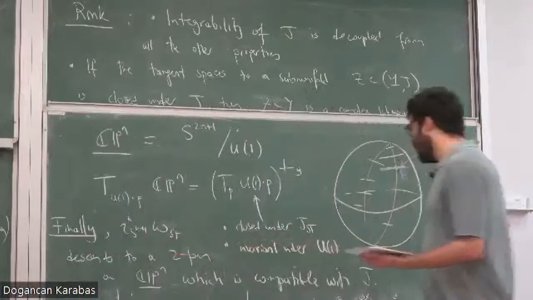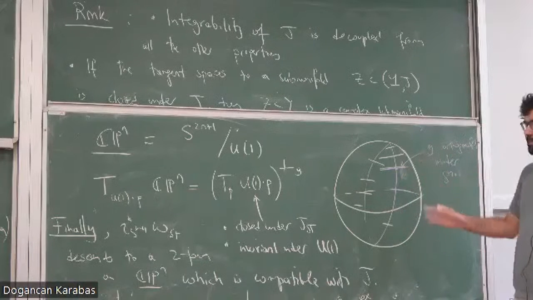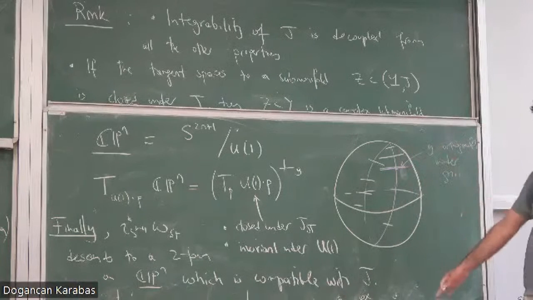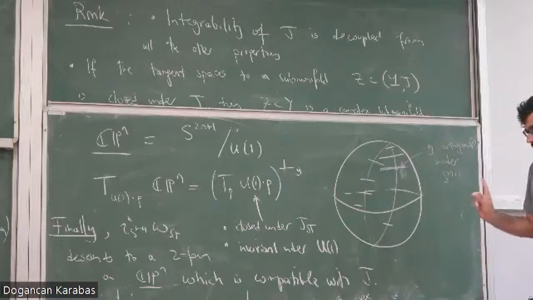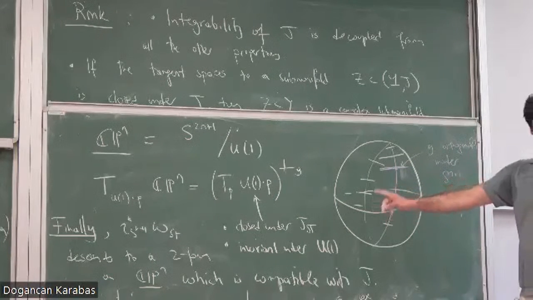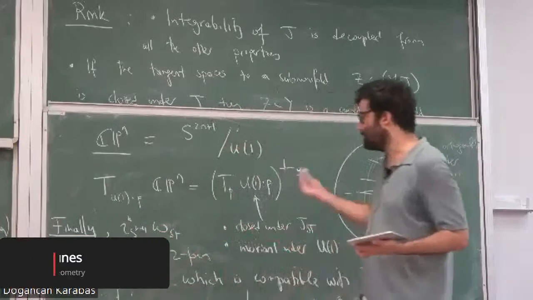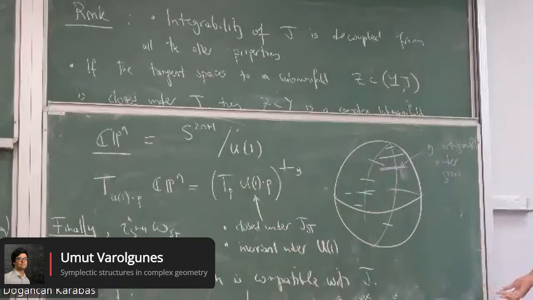Okay, so there was one thing that I didn't show here. I said many things, and these many things combined prove everything that's written here, except one thing, which is that this is supposed to be also closed. So how do I prove that this omega that I get on CP^n underline is closed?